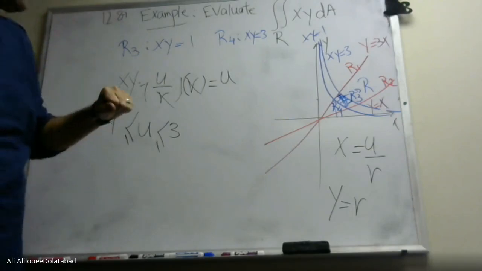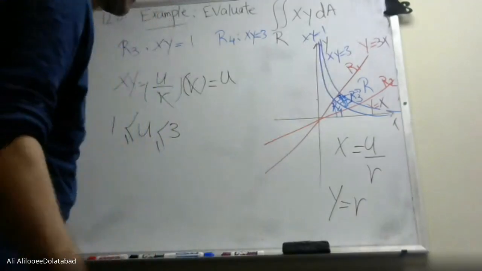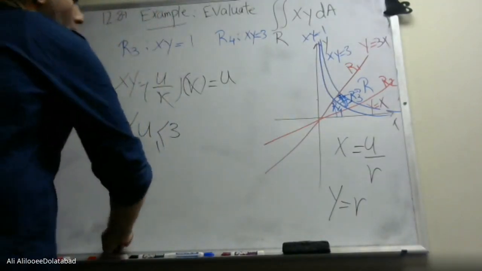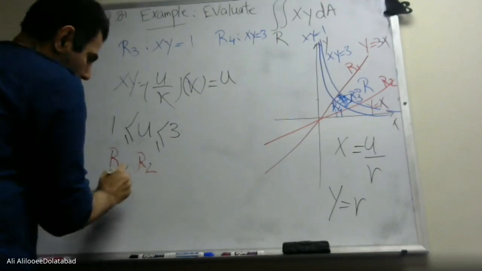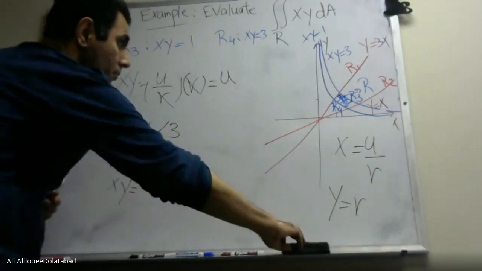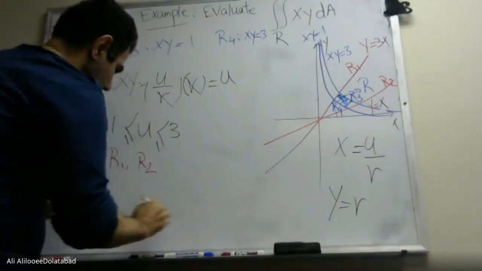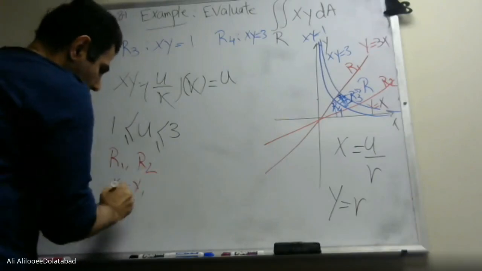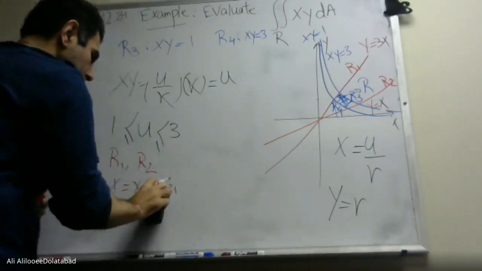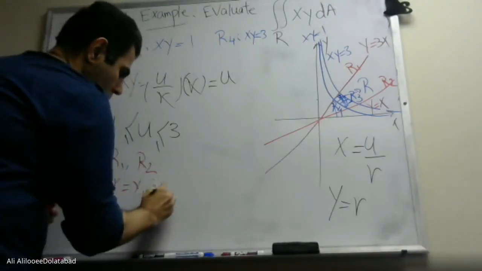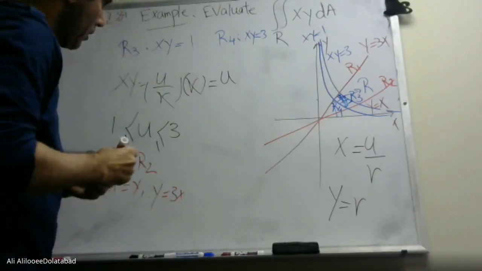So then let's work on these lines. What do you have for R1 and R2? The bounds are these: x equal y and y equal 3x.